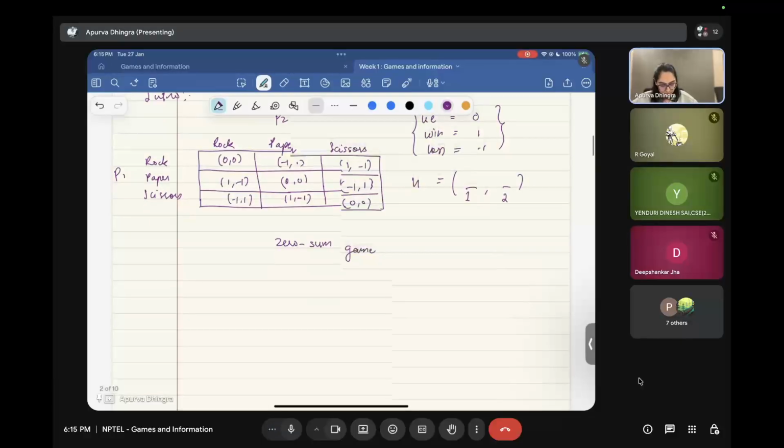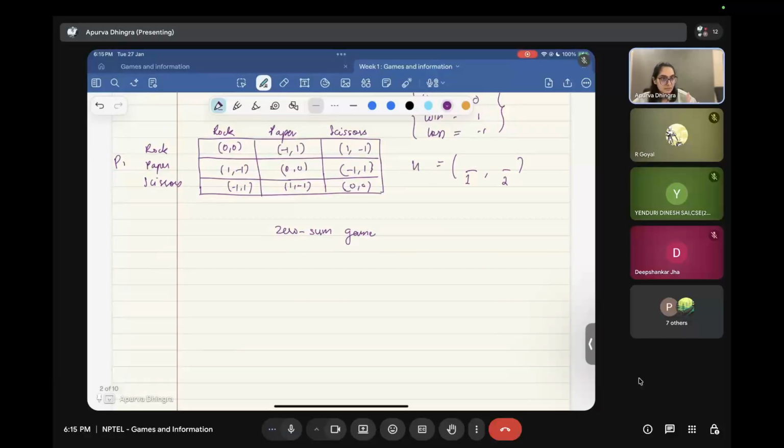All right. So one of the words that was mentioned here was zero sum game. Zero sum game basically means that if we have two players, then the utility of player 1 and the utility of player 2 for any pair, let's say they both take action R R, if this adds up to 0, that's what is called a zero sum game, and this should happen for all strategies or all actions.